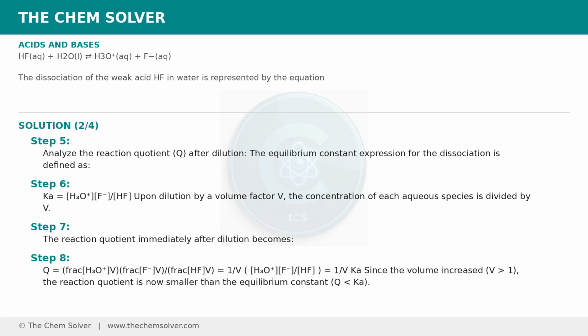Upon dilution by a volume factor V, the concentration of each aqueous species is divided by V. The reaction quotient immediately after dilution becomes Q equals ([H3O⁺]/V)([F⁻]/V) over ([HF]/V), which equals 1 over V times [H3O⁺][F⁻] over [HF], equals 1 over V times Ka. Since the volume increased, V greater than 1, the reaction quotient is now smaller than the equilibrium constant, Q less than Ka.